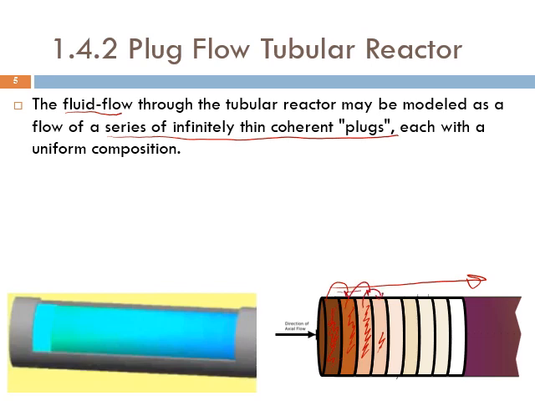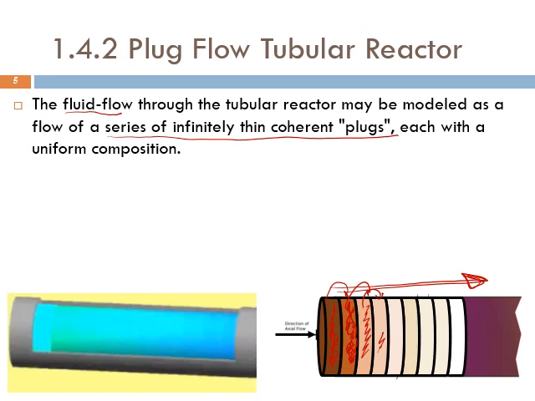So the plugs are moving down the length of the reactor, and each has a uniform composition. The composition throughout this plug is the same, and the composition throughout this plug is the same, but of course it's different than the previous plug.